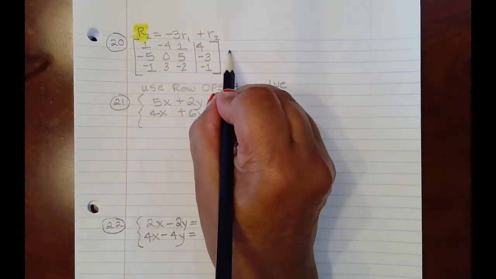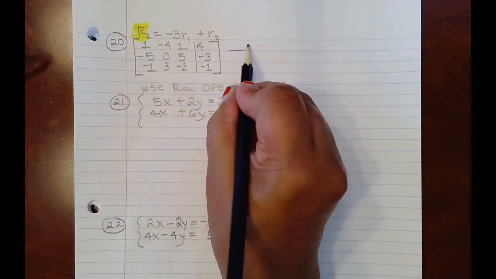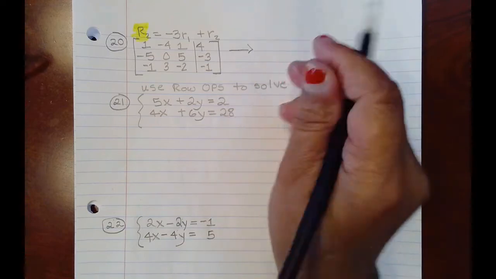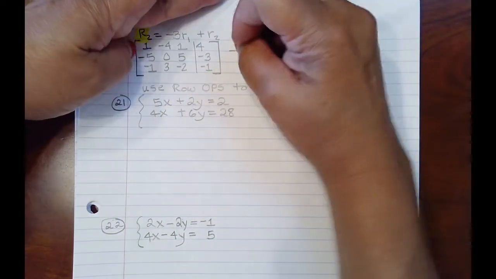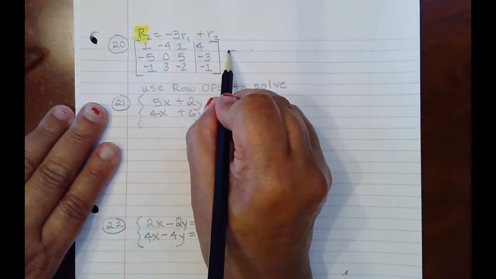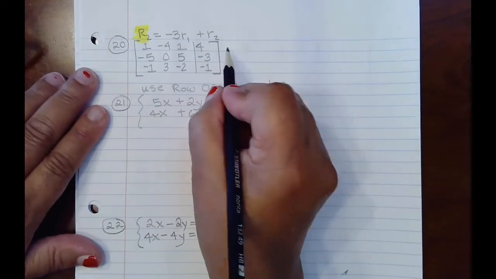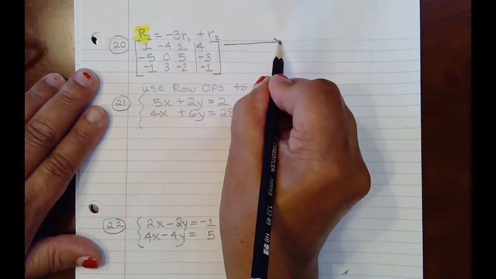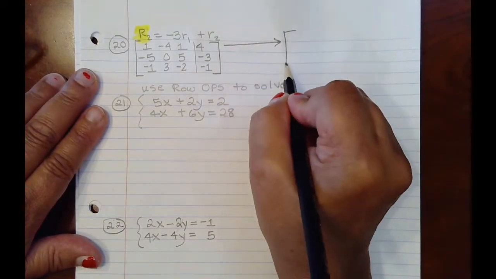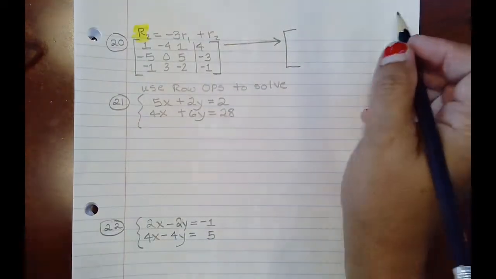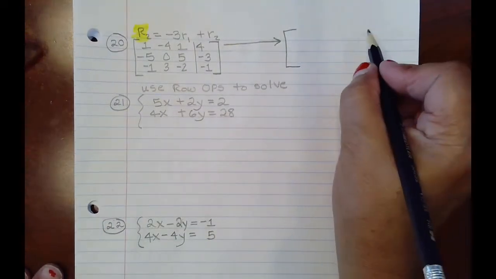Okay, and just so that we don't put our numbers in the wrong place, let me give myself a little bit more room to actually do my work. So I'm just going to put the arrow up here. This will be where I'm going to put my answers.